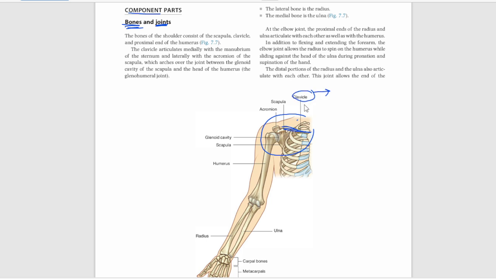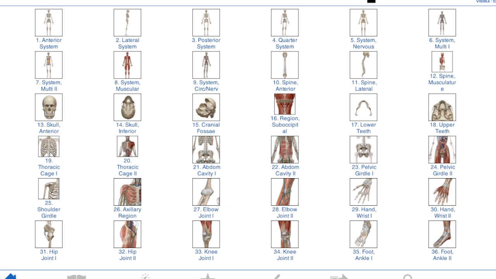The ossification I have done first. Behind this, here is the scapula. I will show. Let's see to the app. Now I will show everything in the app to you. This is the app.